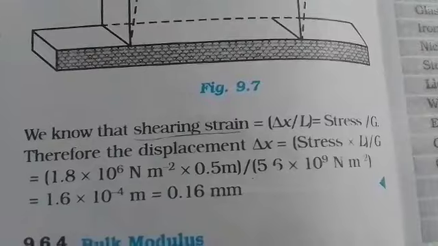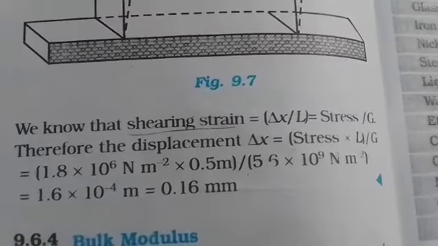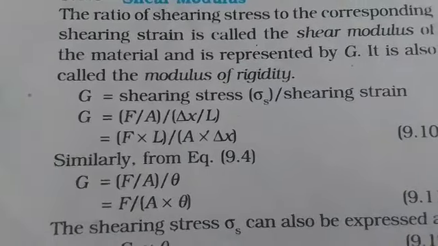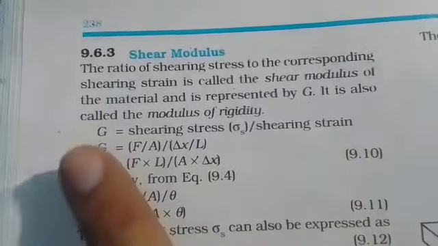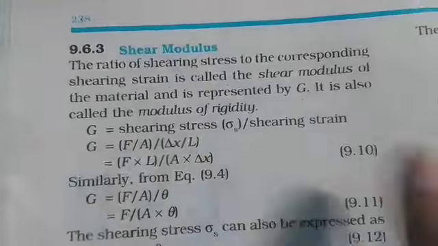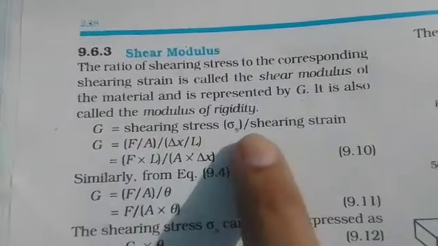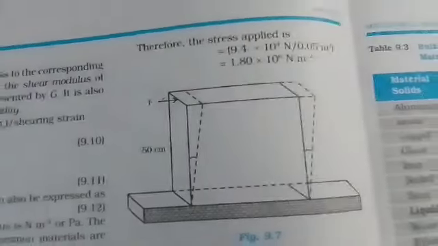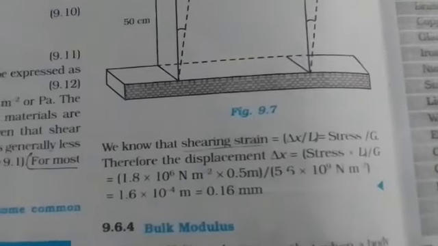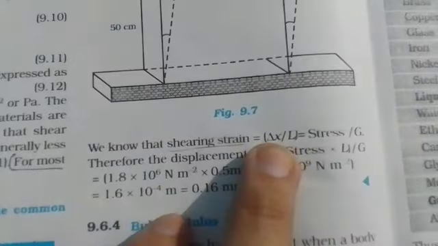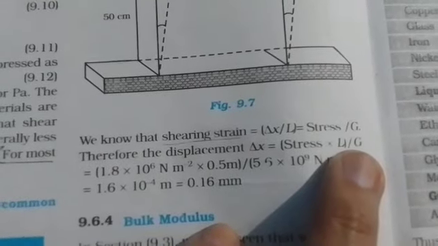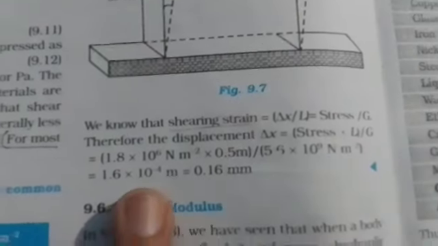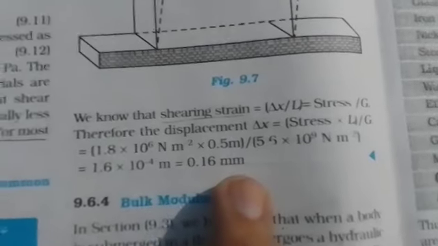Now strain, del x by L, will be stress by G. We have G equal to shearing stress divided by shearing strain, or we can write shearing strain will be equal to shearing stress divided by G. So we need to find out the value of del x by L, so L will be multiplied with this. If we multiply L with this, we can obtain 0.16 millimeter.